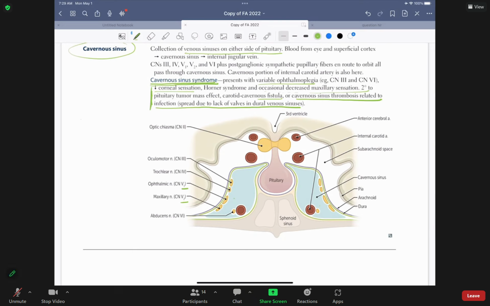Sturge-Weber. Okay, so that's the one. All right, so that's the one. If you remember, V1, V2, V3 is not affected, folks.